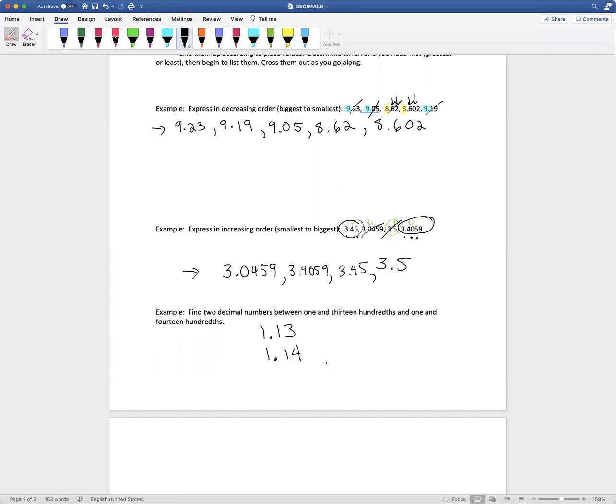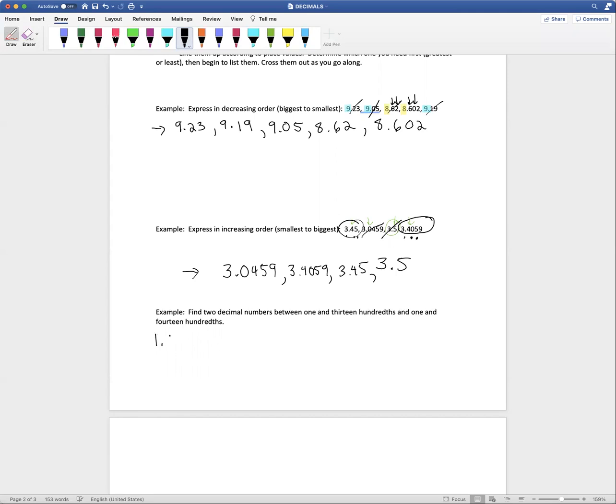Well, what comes between these? We actually have an infinite string of digits that can come after this. We can talk about tenths, hundredths, thousandths, 10,000ths, 100,000ths. So for an example, let me erase this and start again.